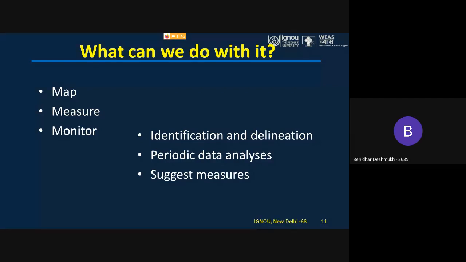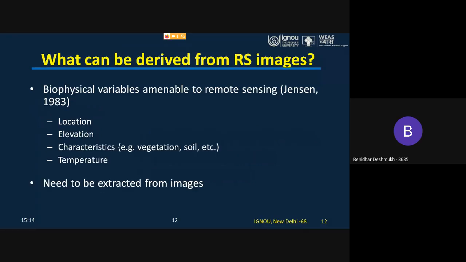Once we have the map for one season or one date, we can create maps of other dates also, and then we can do a historical data analysis. That is how we can understand what change is going on, what the pattern of change is, what the trend is, and then we can suggest what protective measures could be taken in future.